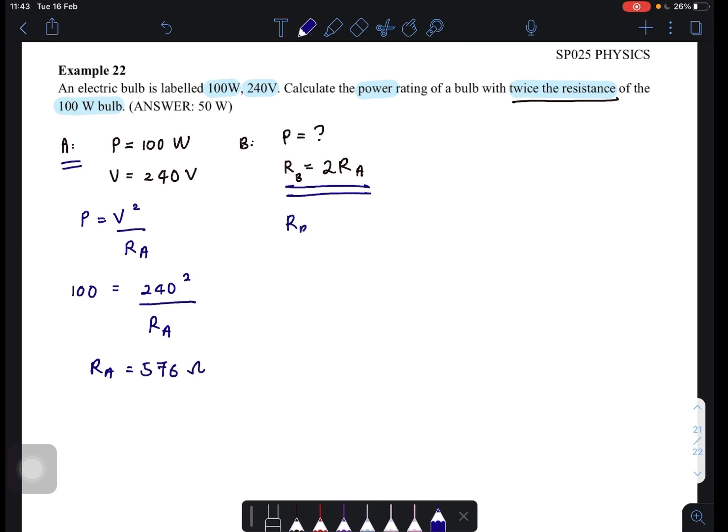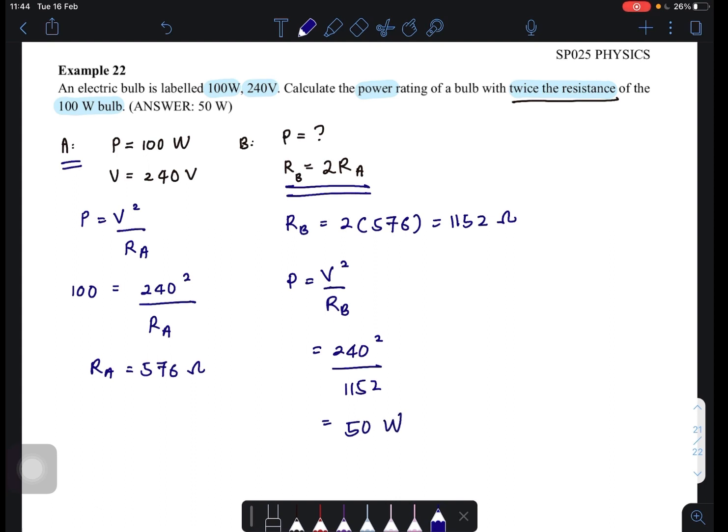So this resistance B will be equal to twice 576, which is equal to 1152 ohm. So now we can find the power, P equals V square over RB. V is still the same, divided by RB, which is 1152. So it will be equal to 50 watt.